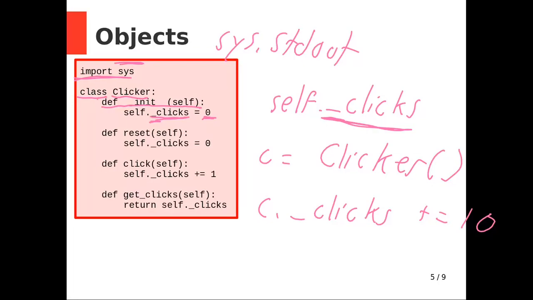I have some expectation of what values are going to be in here. I need to maintain some class invariant about this thing. And if you change it in a way that breaks those invariants, you will screw up my code. But in Python, the runtime doesn't enforce that. It's just up to you as a client of this clicker object to have the common sense to not do something to this that's going to break it.